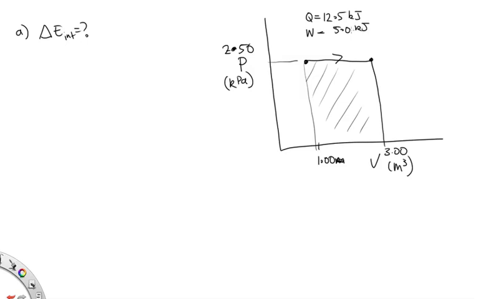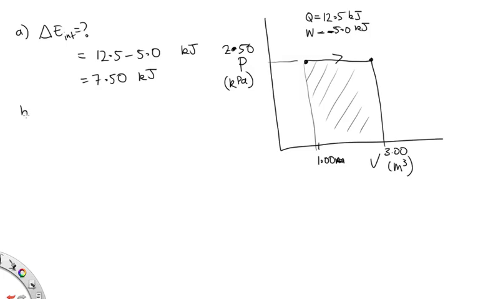The kilo comes about because we've got kilopascals over here. Now this is an expansion, so the work done on the gas is negative. Change in internal energy, according to the first law, is just the sum of these. So it's 12.5 minus 5.0, in kilojoules, and that is equal to 7.50 to 3 significant figures kilojoules.